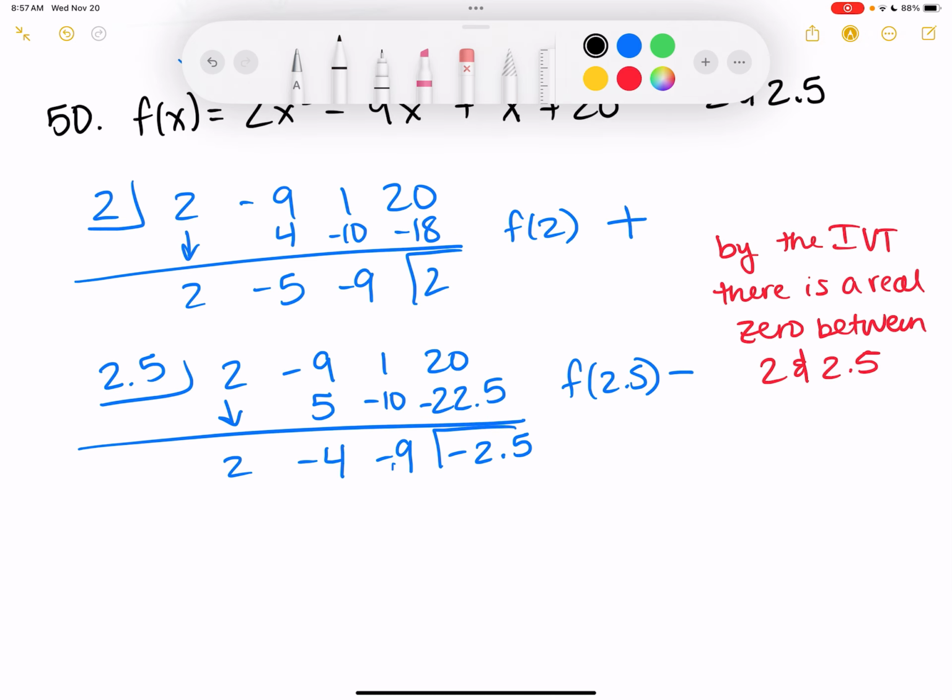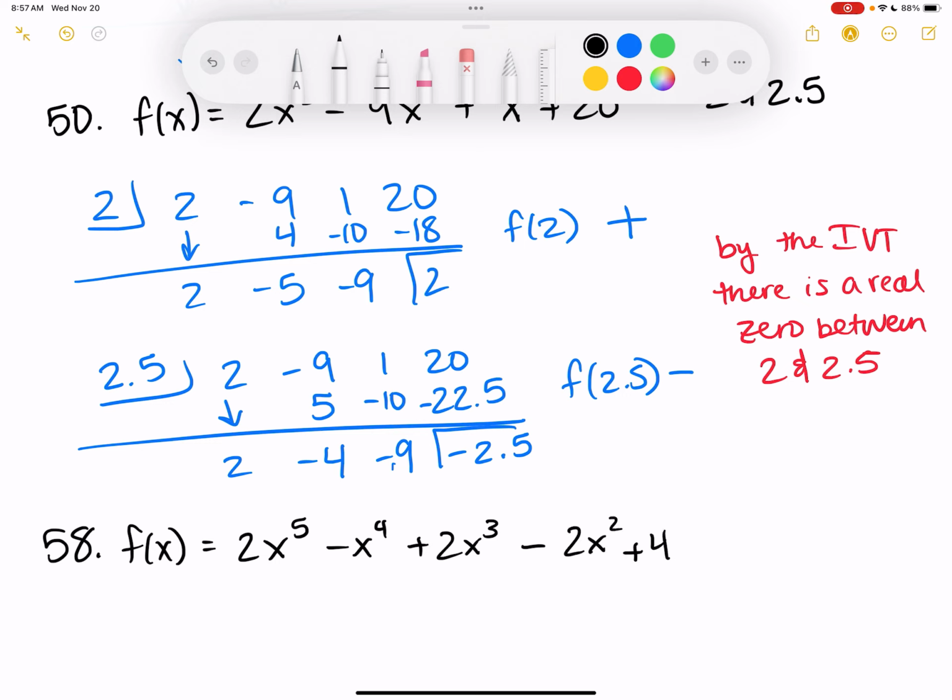So 58, I've got f of x equals 2x to the 5th minus x to the 4th plus 2x cubed minus 2x squared plus 4x minus 4, and it says no real zero greater than 1.